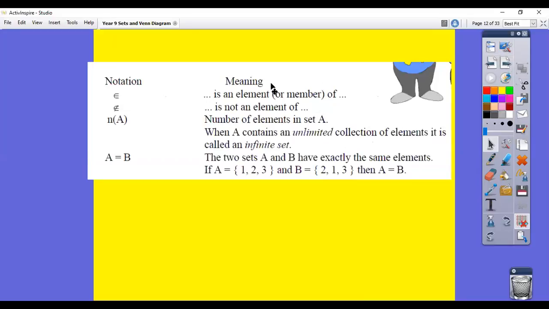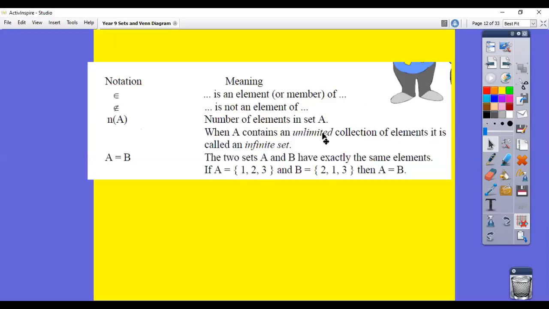The notations we use: remember, the Greek letter epsilon means is an element or member of a set. With a line through it, it means is not an element of. And as we've seen, n(A) is the number of elements in a set. When a set contains an unlimited collection of elements, it is called an infinite set.